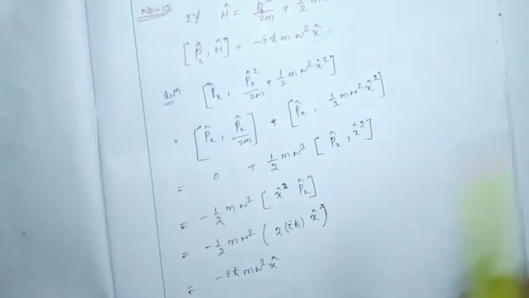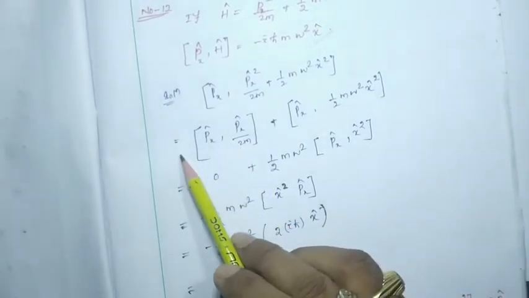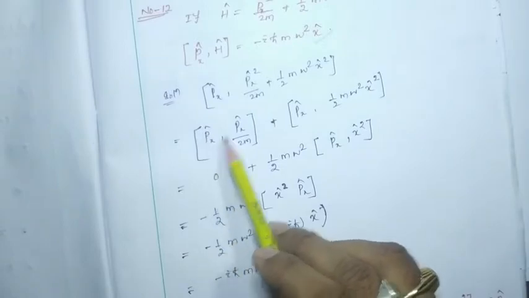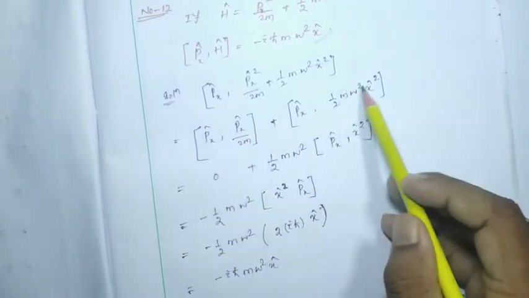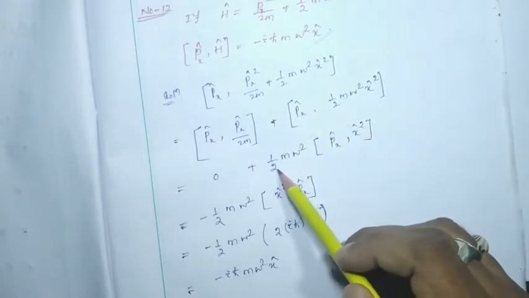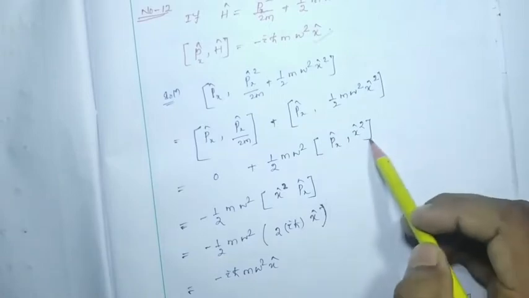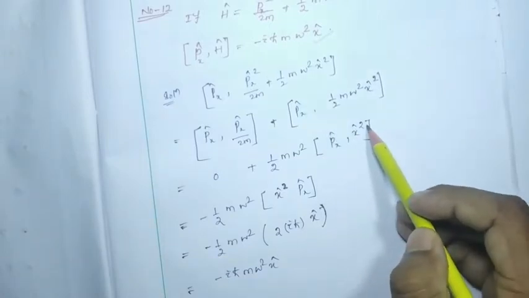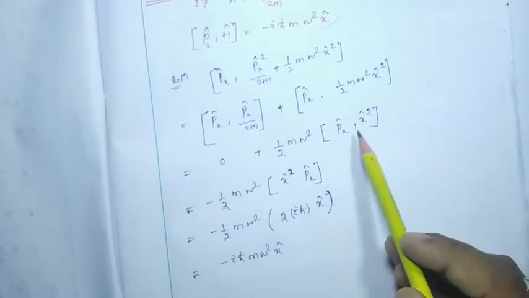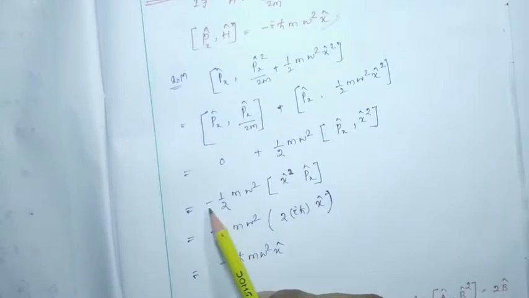So we know that an operator itself commutes with itself. If we take 1 by 2m outside, p_x cap commutes with p_x cap, it will be 0. The constant, half m omega squared, can go outside, and in the commutator bracket it will be [p_x cap, x cap squared].